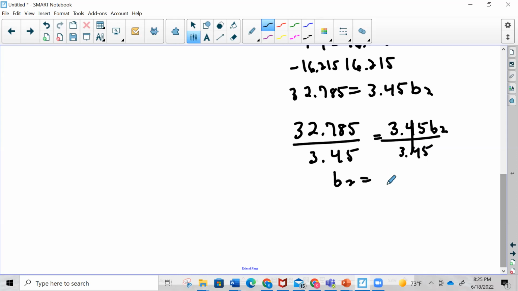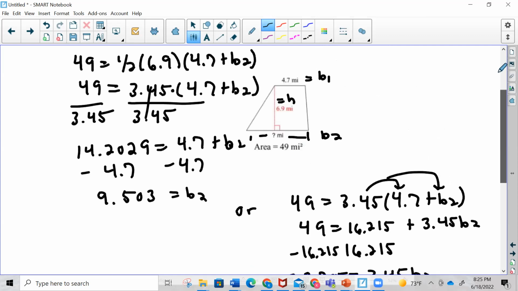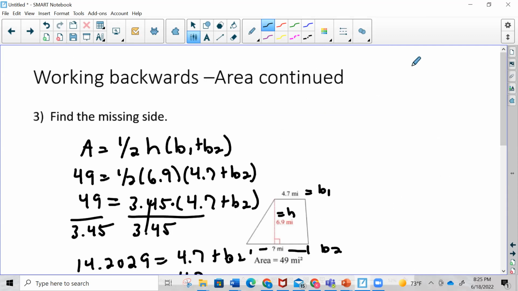And then I get the same thing, 9.503 feet. So just two different ways to solve the same equation. Those are all examples of how to find the missing information when we're given either the area or the perimeter.